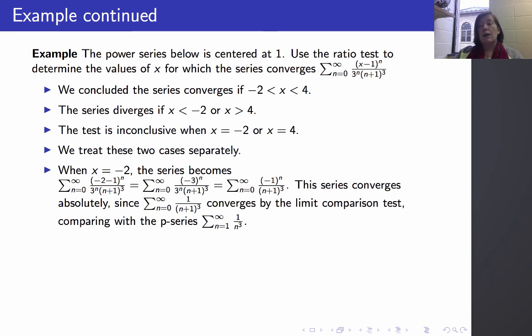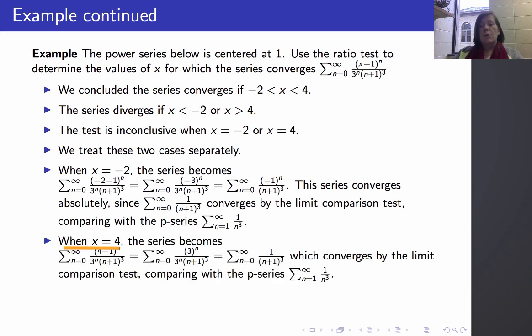It's the sum of (minus 1) to the n over (n plus 1) cubed. So I could use the alternating series test to show that this converges, or I could also show that it actually converges absolutely by comparison with the p-series 1 over n cubed using the limit comparison test. Either way, I see that my power series converges when x equals minus 2.